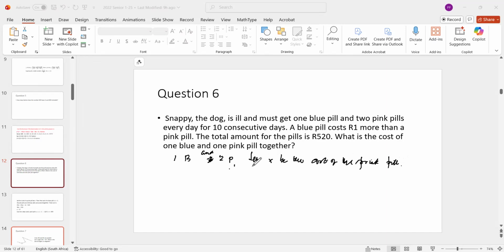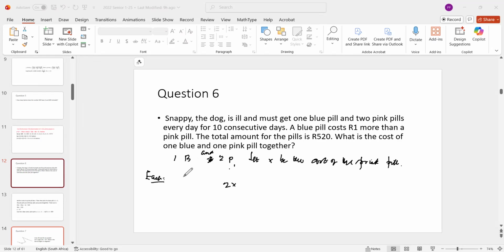All right, so in each day, the pink pill costs X for 1. So let's take 2. So it's 2X. That's the cost of the pink pills. But the blue pill costs 1 rand more.